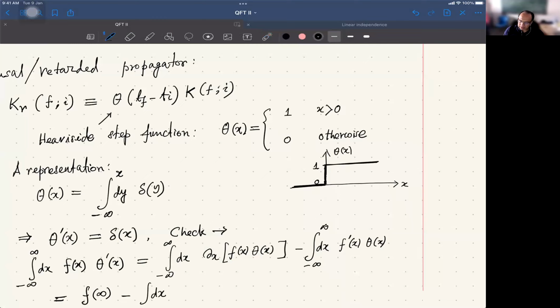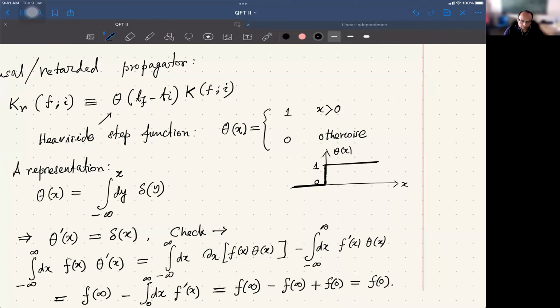Since theta of x is supported only between 0 and infinity, the contribution from minus infinity to 0 vanishes in this integral. So this is 0 to infinity, and theta is 1 in that range. So this is also a total derivative, and therefore it should go to f of infinity minus f of 0. So f of infinity minus f of infinity plus f of 0, and that is f of 0. That is what is expected.